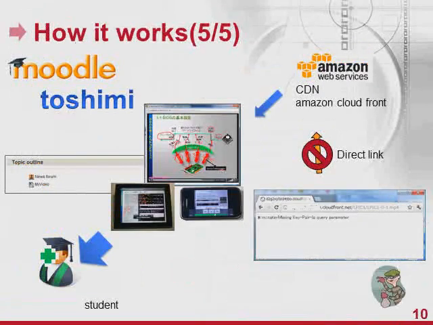Your students can get the video via Moodle. They may notice that the video comes from a CDN. The video works on many platforms: PC with Chrome, Mac, Linux, this is iPad, and Android.